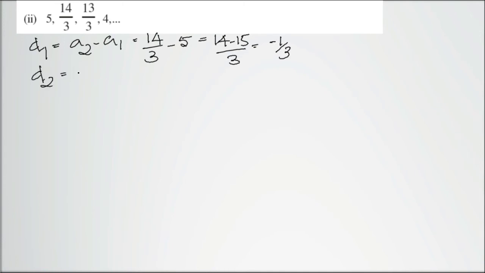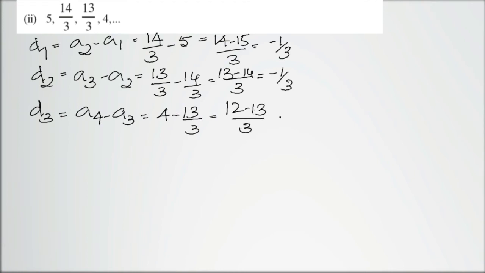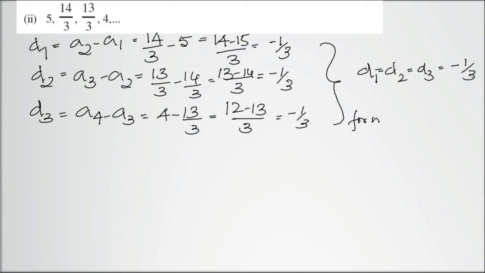The second difference is a3 minus a2. So 13 upon 3 minus 14 upon 3. The LCM is 3. We will be getting 13 minus 14, nothing but negative 1 upon 3. The third common difference is a4 minus a3. 4 minus 13 upon 3. We get 12 minus 13 divided by 3, negative 1 by 3. Here we have all the differences, first difference, second difference, third difference equal to minus 1 by 3. So it forms an arithmetic progression, forms an AP.